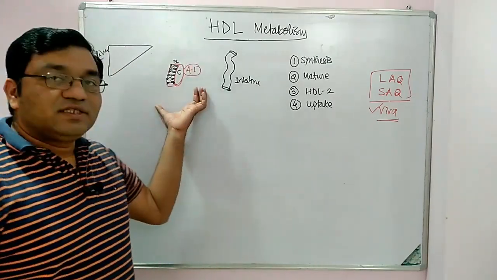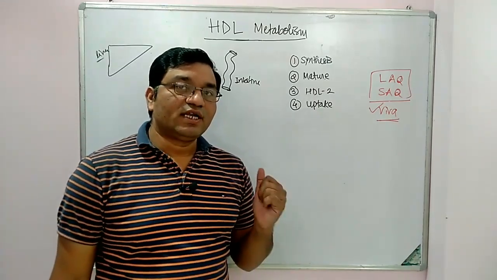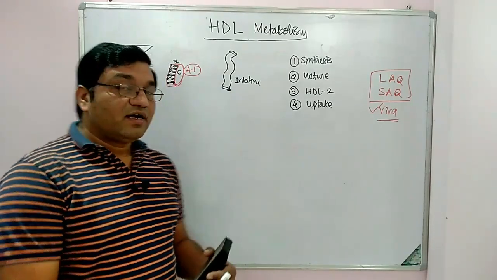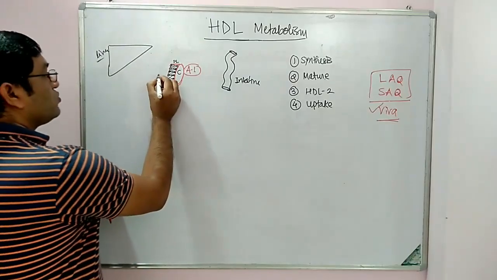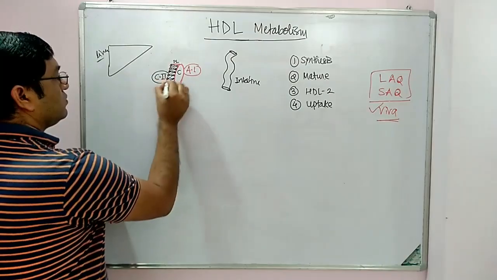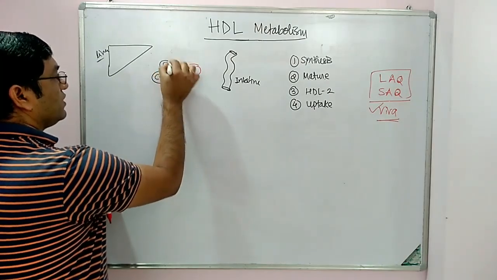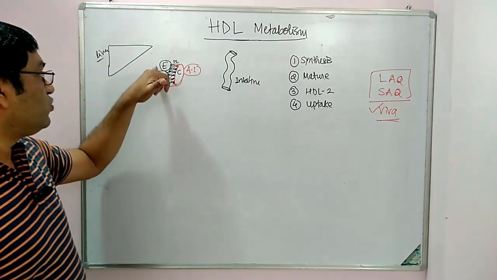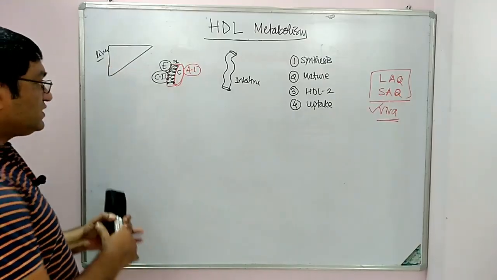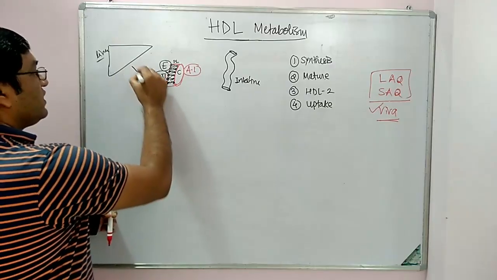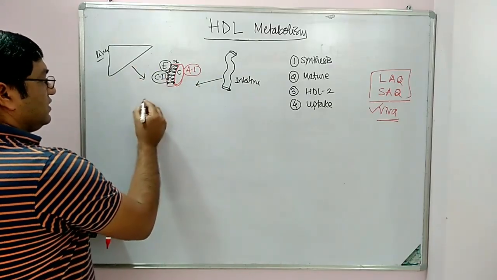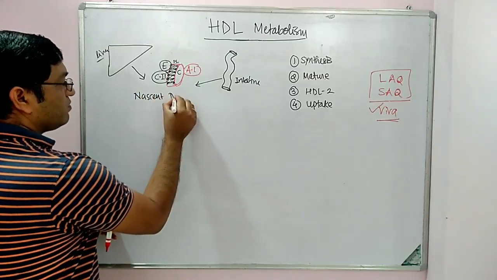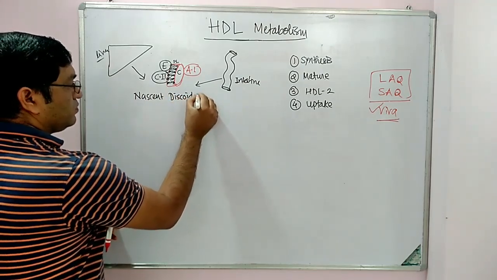It is newly synthesized, that's why it is nascent discoidal HDL, synthesized by the intestine and the liver. While liver HDL also has ApoC2 and ApoE. The intestinal HDL acquires this ApoC2 and ApoE from the liver HDL. So it is synthesized from the liver and intestine as nascent, disc-shaped, discoidal HDL.